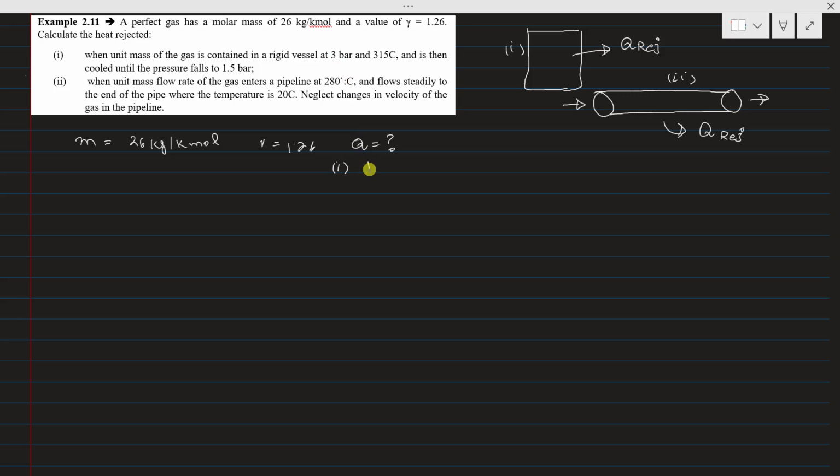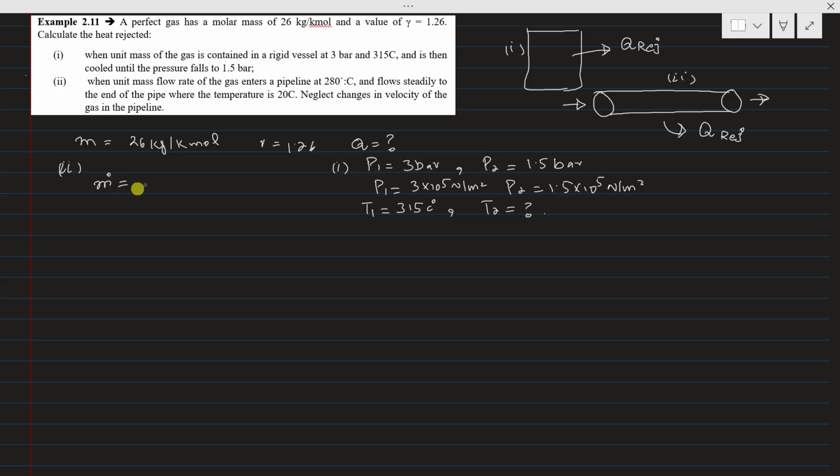Pressure P1 is 3 bar, and for pressure P2 the final temperature is not given. For the conditions in case 2, the mass flow rate is 1 kg per second.